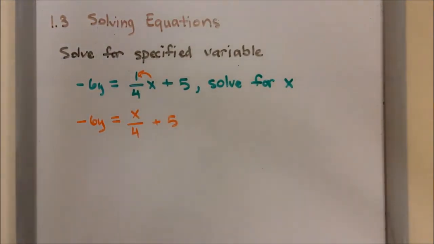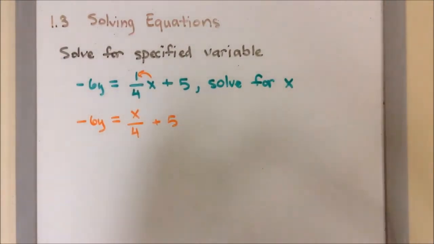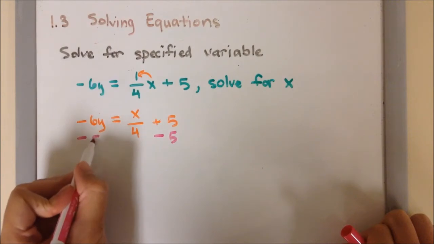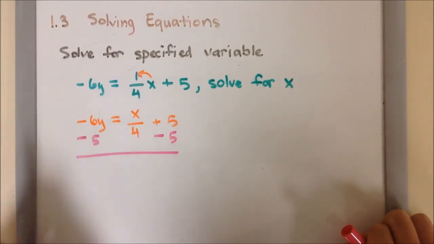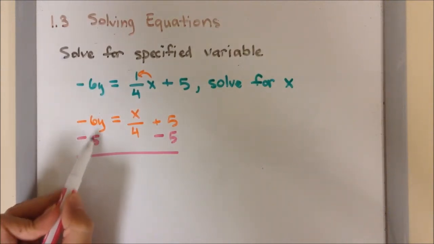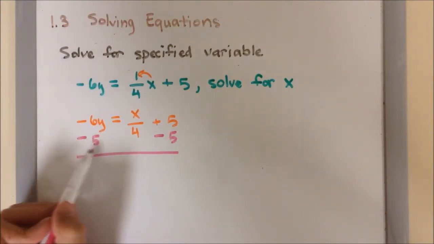Alright. In order to get x over 4 by itself, I need to get rid of the plus 5. The opposite is minus 5, on both sides. So the 5's cancel out. Now over here, I cannot combine like terms because one has a variable, one does not.